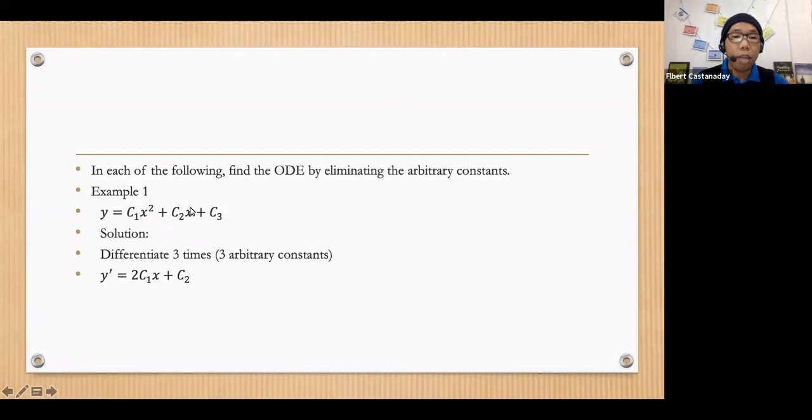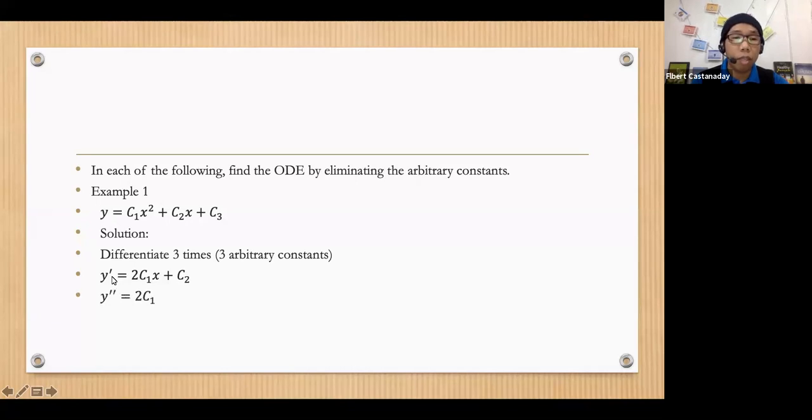The second term here is c sub 2 x. To differentiate this, you just copy the constant and differentiate x with respect to the independent variable x, and that is 1. And the last term here is a constant, so differentiating a constant means the value is 0. Now this is the result of first differentiation. So we still need to differentiate this two more times.